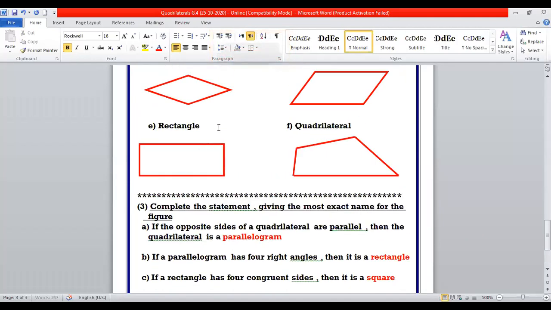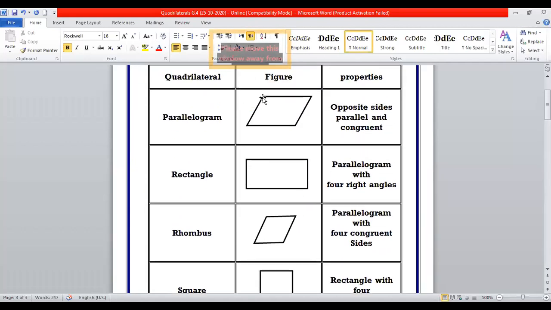Again, quickly, guys. Parallelogram: each two opposite sides are equal in length and parallel, and each two opposite angles are equal in measure. Rectangle: each two opposite sides are equal in length and parallel, and it has four right angles.